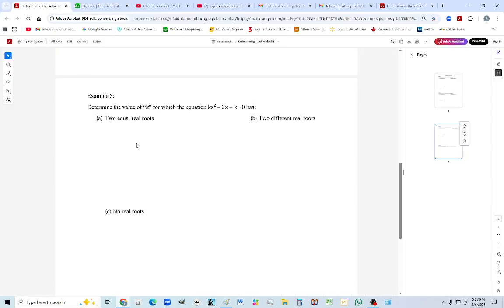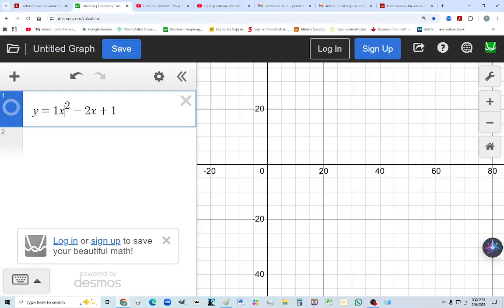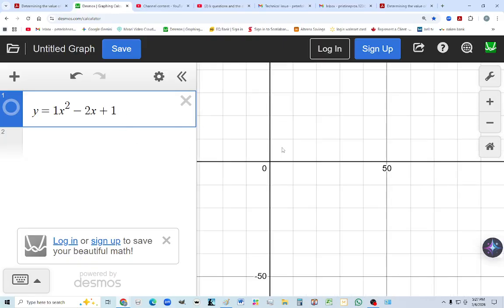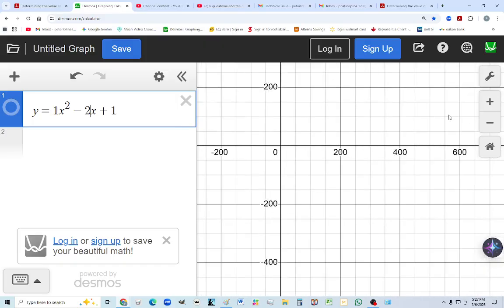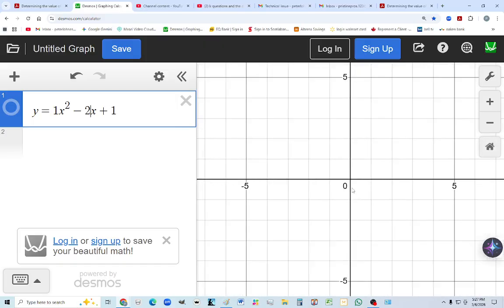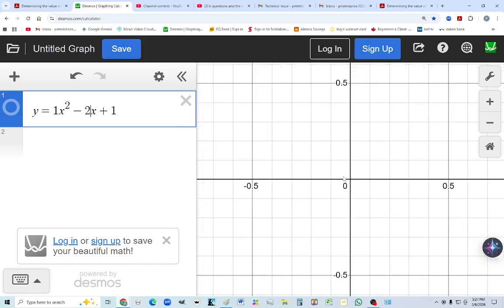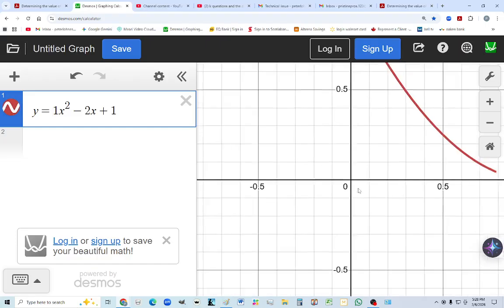Let's go back to the question, make sure I got it right. Plus k minus 2x, kx squared. So I'm saying it's 1 minus 2x. So where's that parabola? Oh, I'm not zoomed in well now. I'm too far zoomed out. What did I screw up here? Oh, it's not on. That doesn't help. There we go.